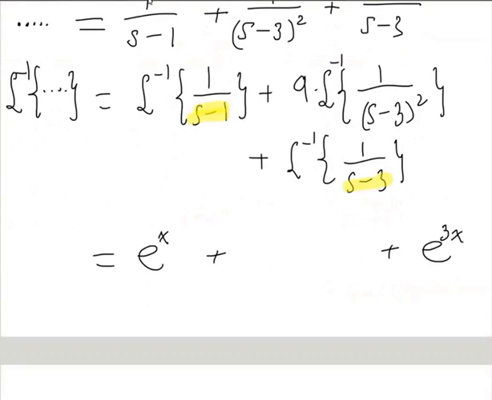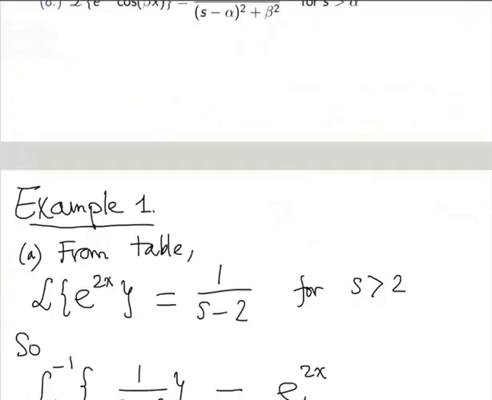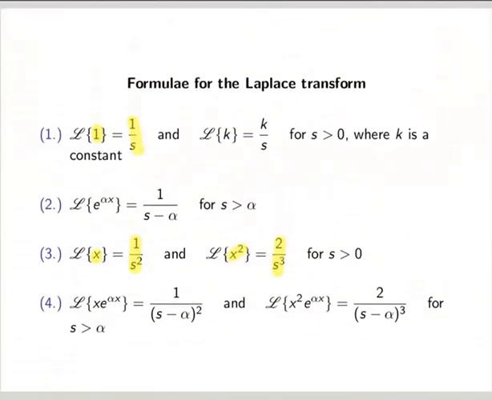Now the middle one is something different because we have 1 over s minus 3 squared. So we look for 1 over s minus alpha squared. That is this right here, so we have x e to the alpha x.